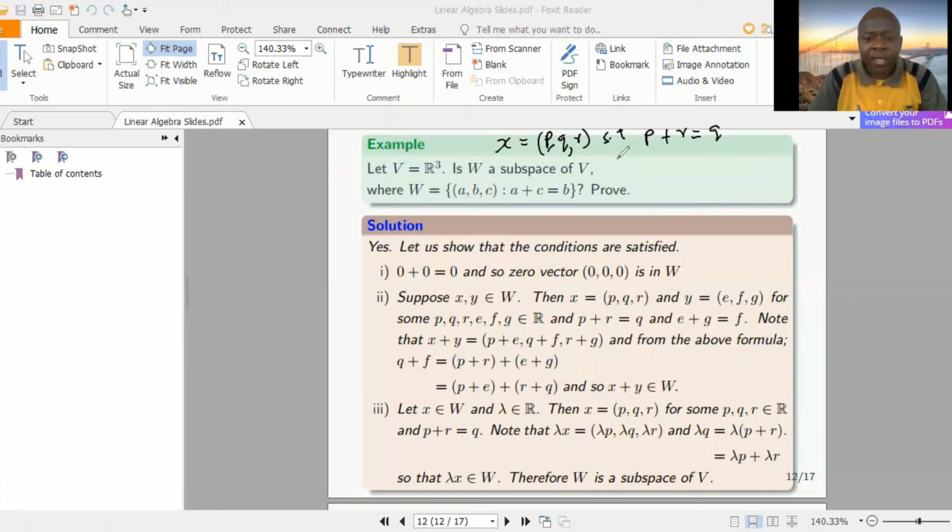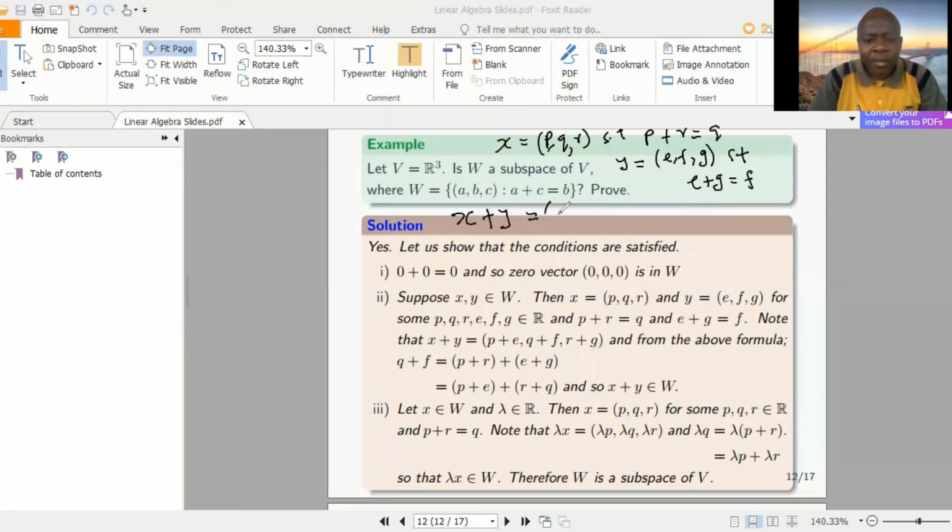I also want to pick a vector Y, which is E, F, G, such that the sum of the first element plus the third element gives me the second element. So what I want, of course, is to show that the sum of X and Y is in W. So what is X plus Y?